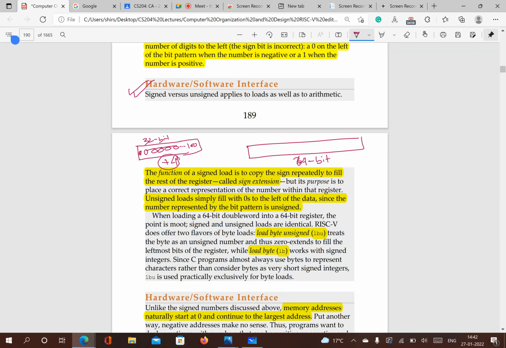Normally I would say memory space or register, but I'm just saying box. So I can simply put this number in the right half. This half is 32-bit, right? What about this left half? If it is a positive number, or an unsigned number, I will simply load all of the left half as 0 0 0. This is called sign extension.